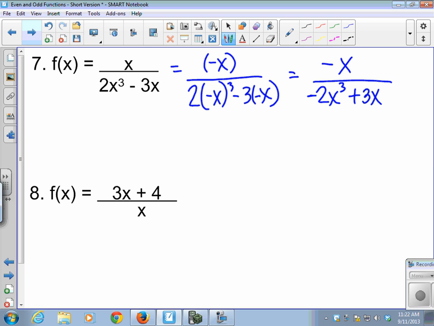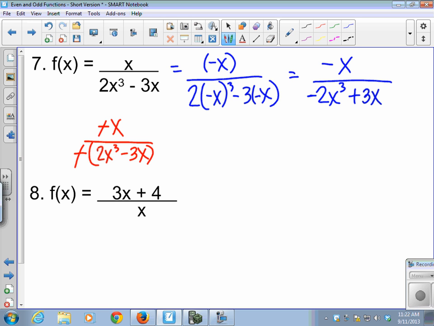So now, from the bottom, there's a negative in the front. I cannot go ahead and cancel them right here. I have to factor the negative out of the bottom in order for me to cancel the negatives. So this is what I have when I factor it out: a 2x cubed minus 3x.